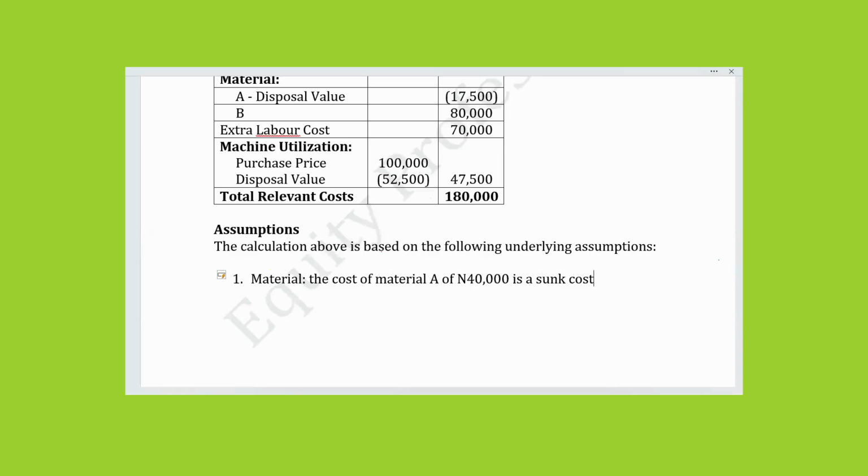Call it sunk cost. The cost of material A of 40,000 naira is a sunk cost, and therefore ignore in the calculation. We did not use it. Ignore in the calculation.